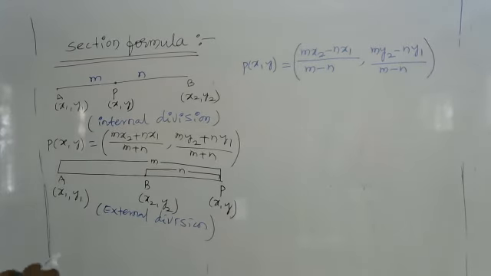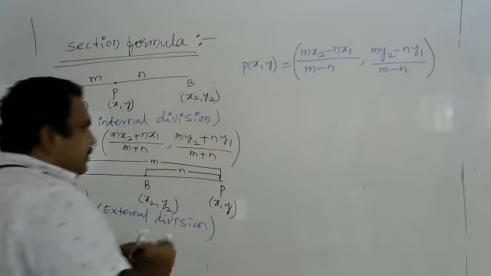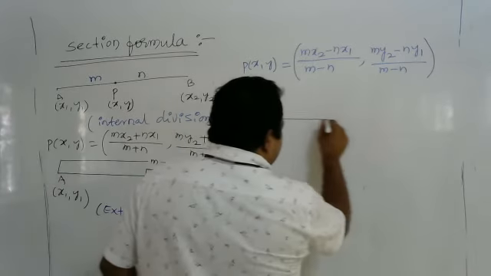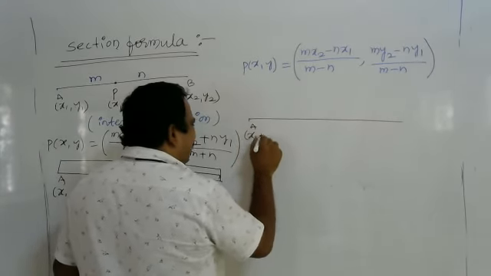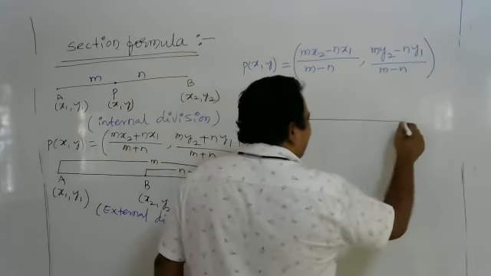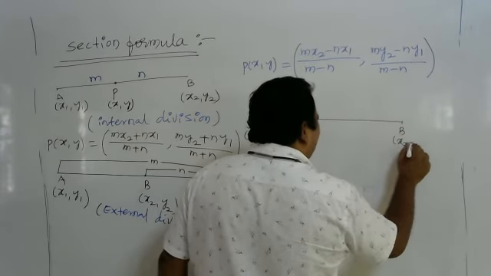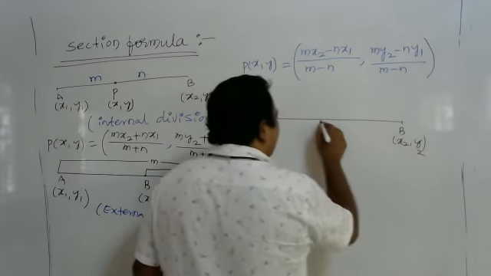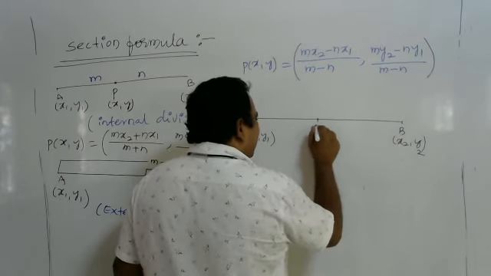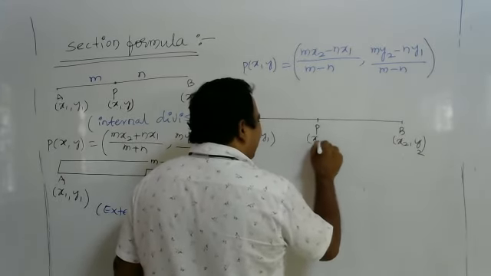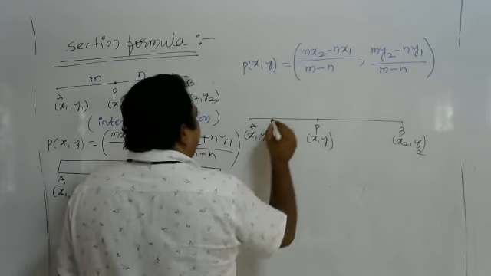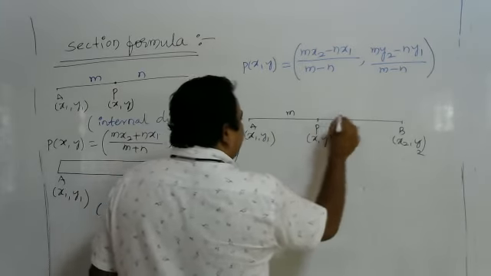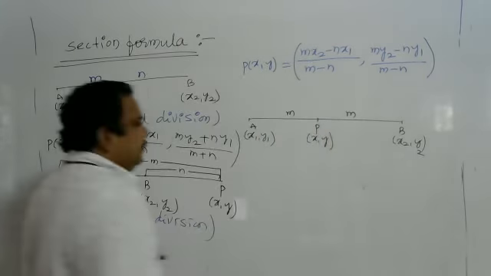Now one more point is there. So that point should be internally only. A of x1 comma y1 and this is B of x2 comma y2. So here this point is given as x comma y, but here what is happening is the ratio same, m is to m only.